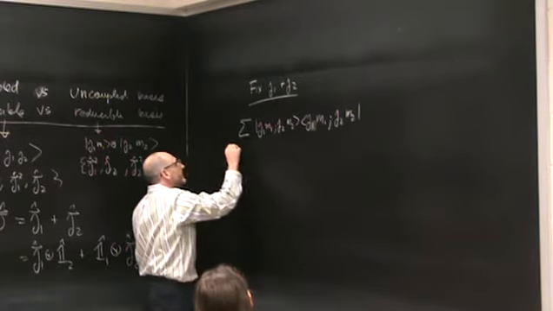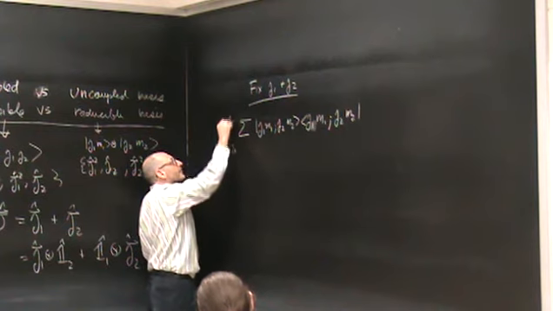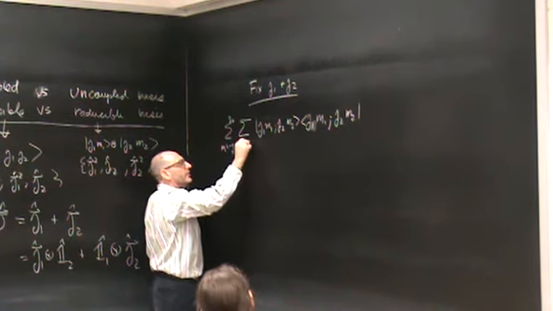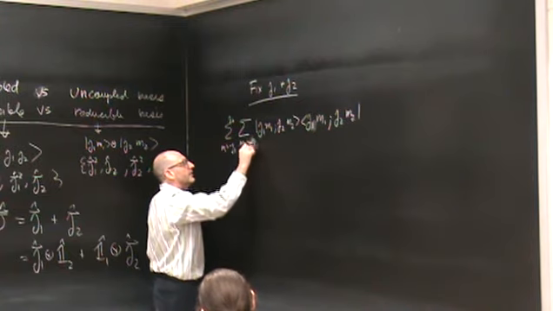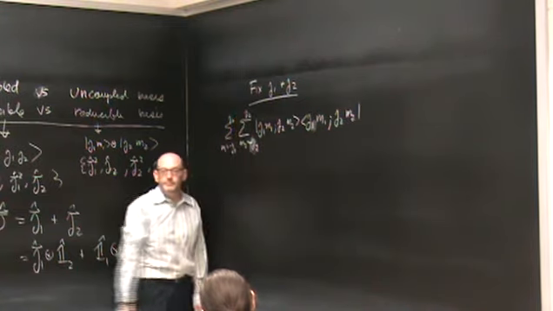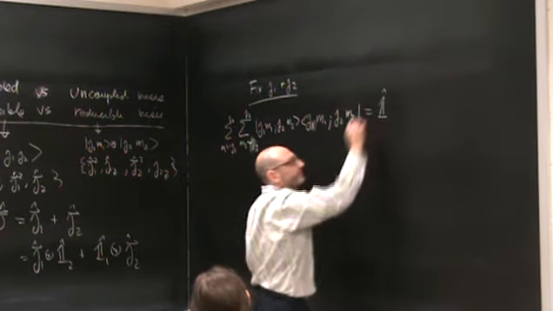If I sum this, M1 goes from minus J1 to plus J1, M2 goes from minus J2 to plus J2, right? This is the identity on this Hilbert space.